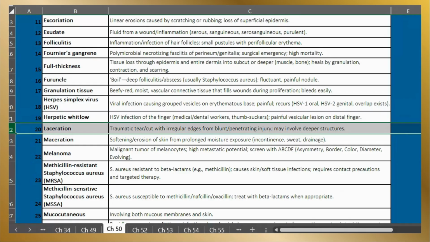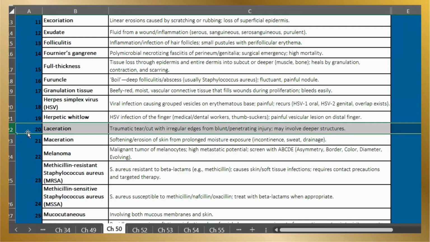And then laceration, we know this is a traumatic tear or cut with irregular edges from blunt or penetrating injury, which may involve deeper structures. The lace is the ripped skin edges.